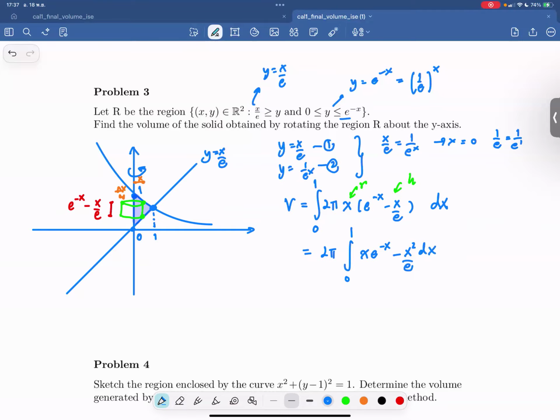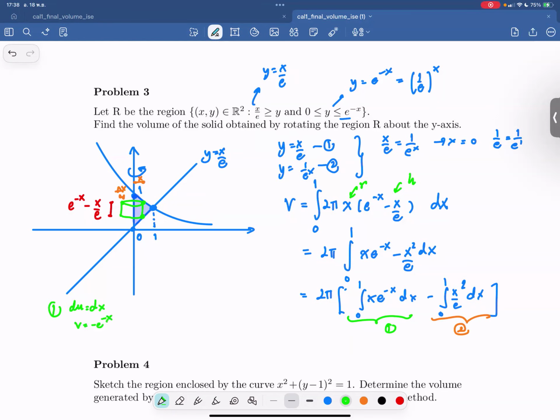Okay, by calculating over here, you may need to use the technique of the integral of x e power minus x dx, and the integral of x squared over e dx. So the first term and the second term. With the first term, you may use integration by parts, right? So we let u equal x, du as dx, and then v equal to minus e power minus x.